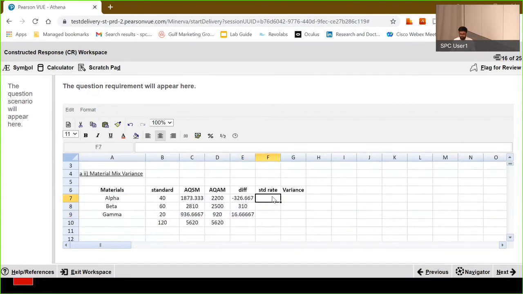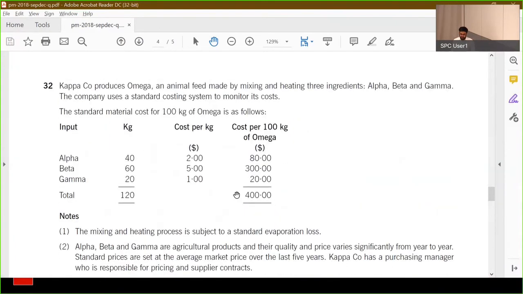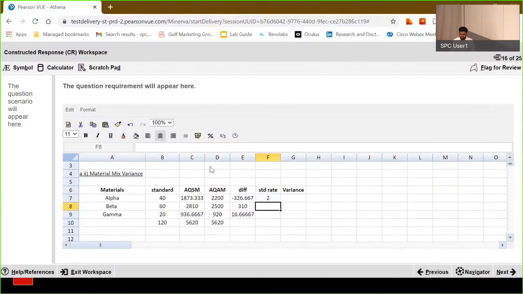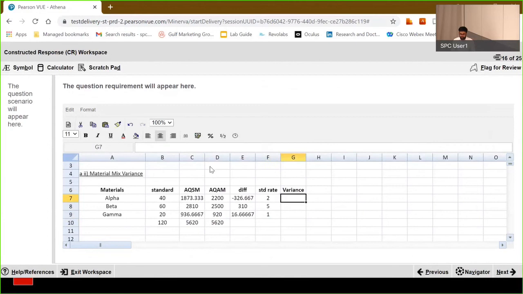This should be multiplied by the standard rate, not actual. So the standard rate is $2 per kg for alpha, $5 per kg for beta, and $1 per kg for gamma. Let's multiply the rate with the quantity to get the variance. And then in the end, we can take a total of it.